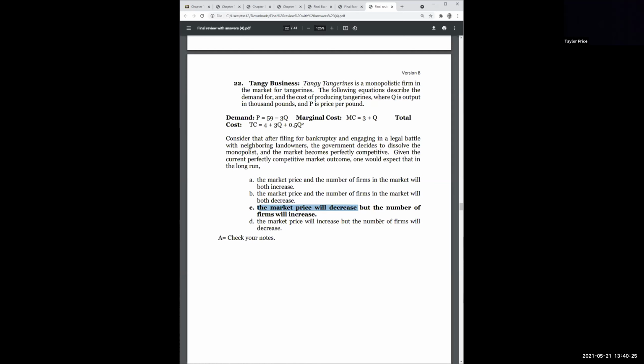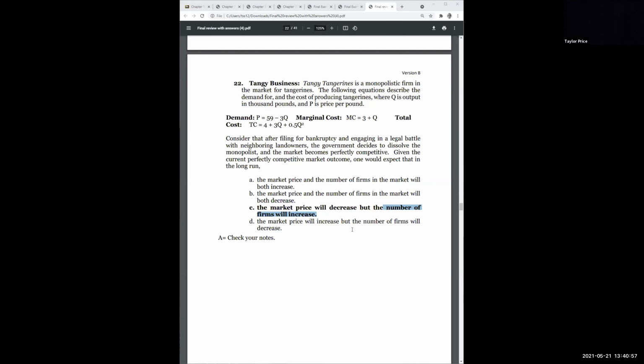And so because of that, the number of firms in the market is going to increase when a market moves from a monopolistically competitive market to a perfectly competitive market, because during the process of transition to the long run, more firms are going to enter the market because they're going to compete away existing firms' profits. Okay, got it.